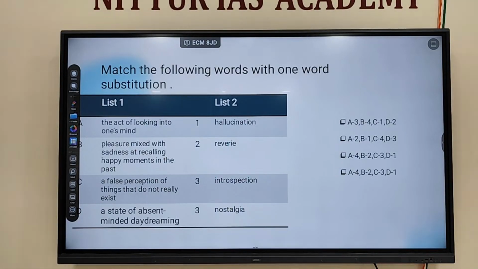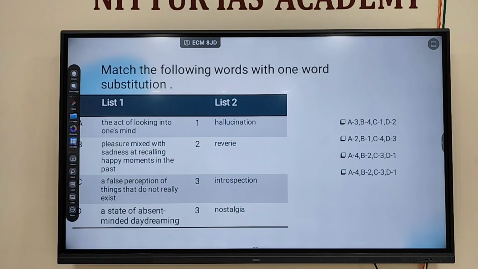Option 2 is the right answer. So false perception is nostalgia. Reality doesn't exist, so false perception is nostalgia. Let's go.